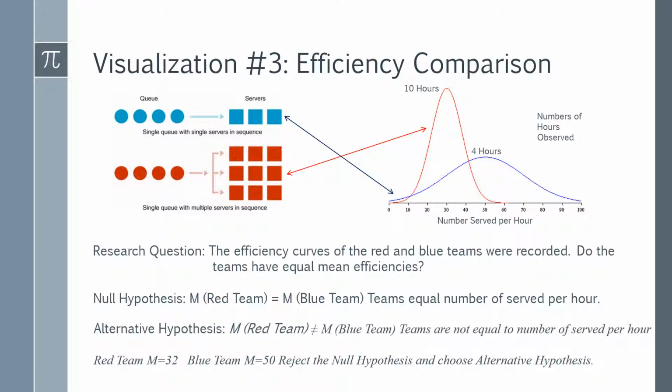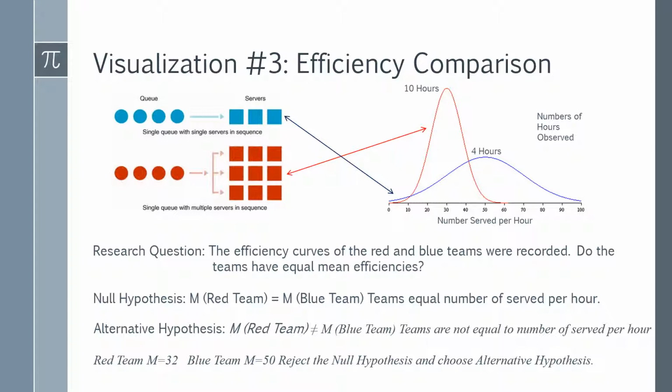So we look at our question: the efficiency curves of the red and blue teams were recorded, do the teams have equal mean efficiencies? So in my null hypothesis, the mean of the red team is equal to the mean of the blue team, and the teams have an equal number served per hour. And our alternative is the mean of the red team is not equal to the mean of the blue team, and the teams do not have an equal number served per hour.